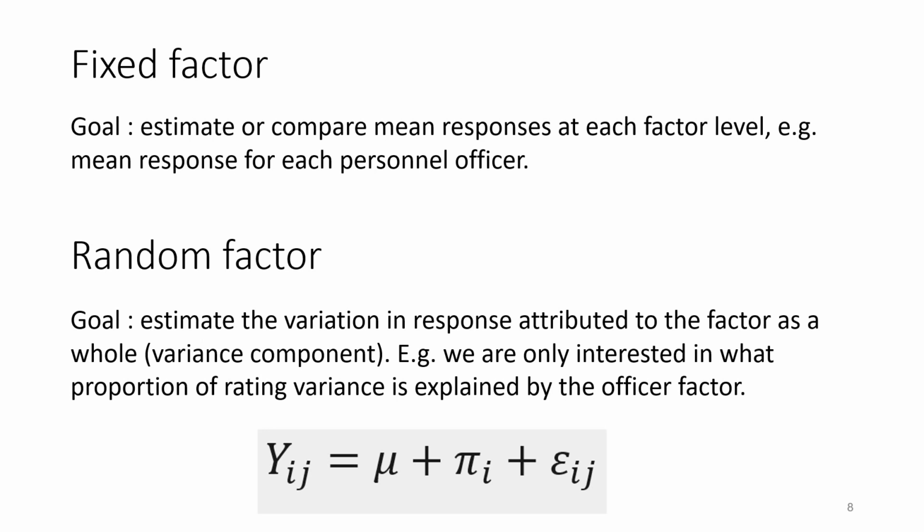Next, we can ask ourselves if we are interested in estimating or comparing the mean response for each factor level, such as each individual personnel officer. If yes, the officer factor should be fixed. If we are only interested in learning what proportion of response variance is due to the officer factor as a whole, then the factor is random.